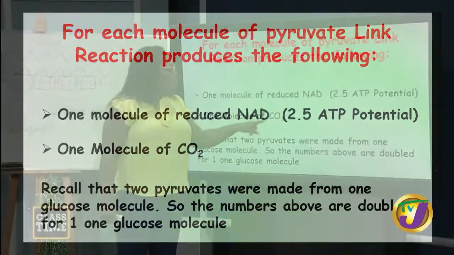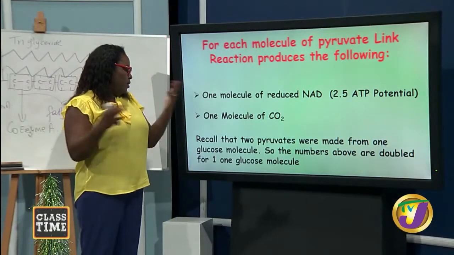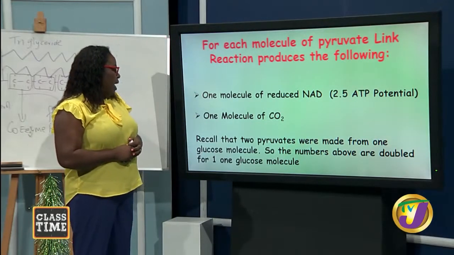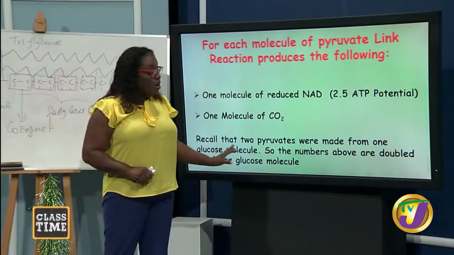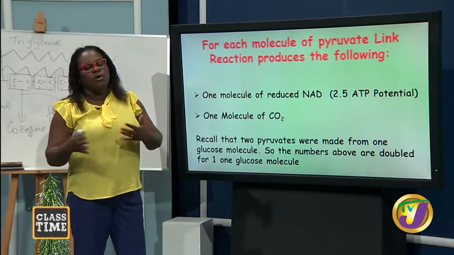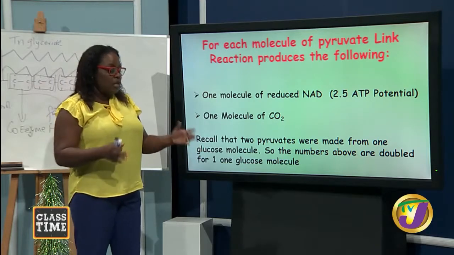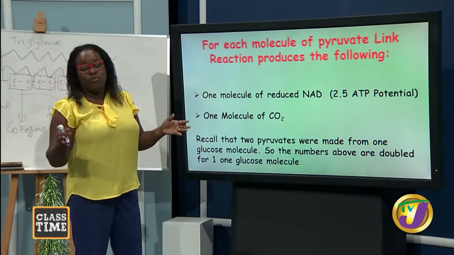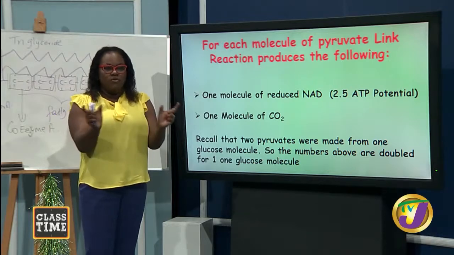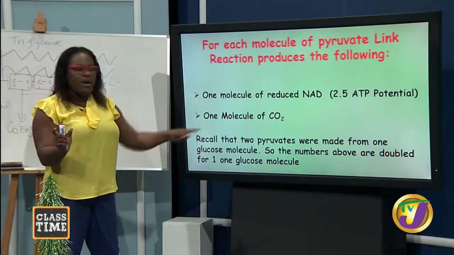Also, 1 molecule of CO2 will be removed as well. And you can recall that there are 2 pyruvate per glucose because pyruvate is a 3-carbon compound and glucose was 6, which means it was split in half.